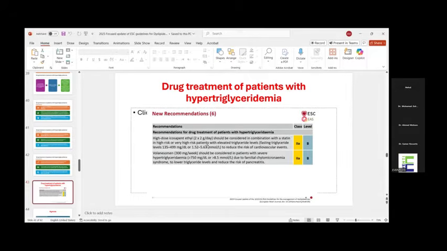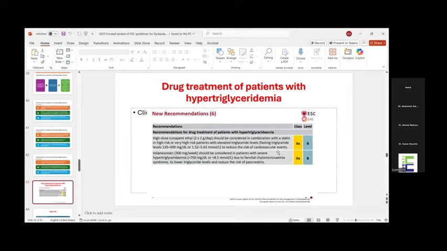It was written here in the recommendation: high dose icosapent ethyl 2 gram twice daily should be considered in combination with statin in the high risk or very high risk patients with elevated triglyceride level to reduce the risk of cardiovascular event.